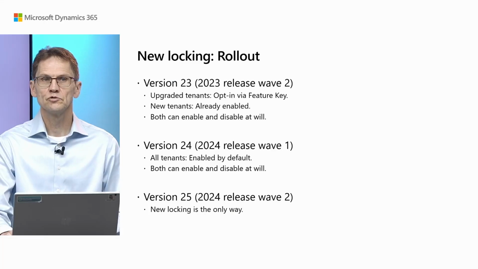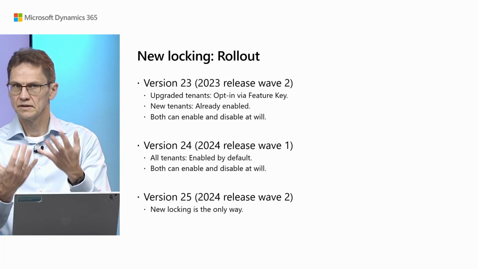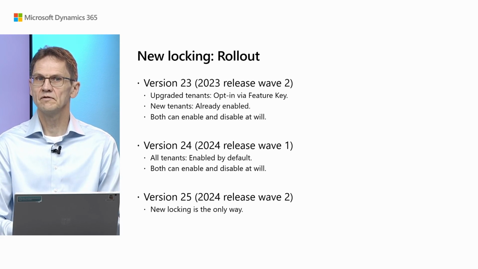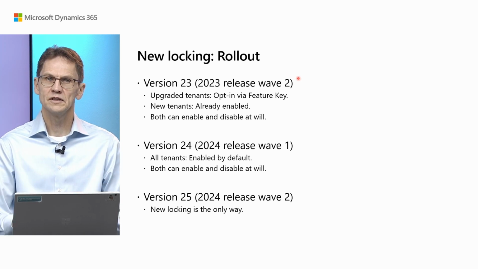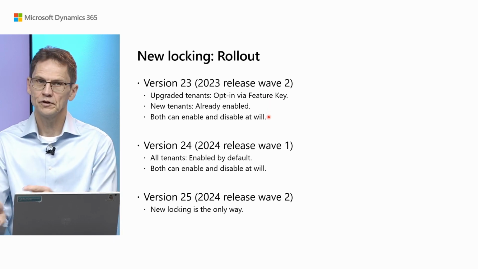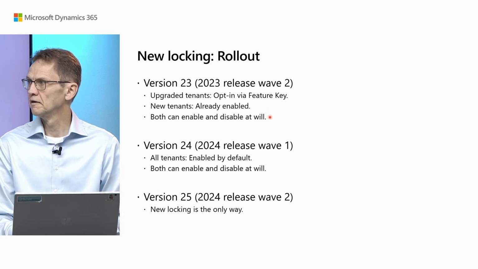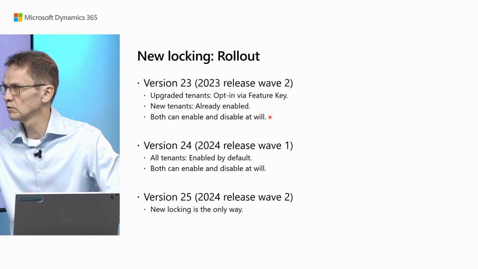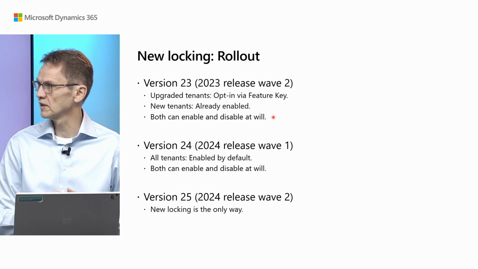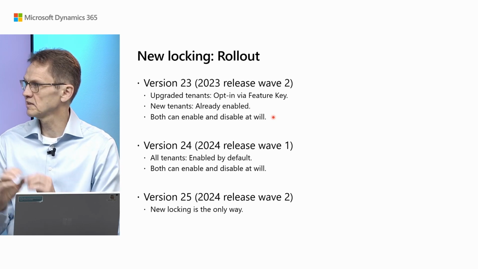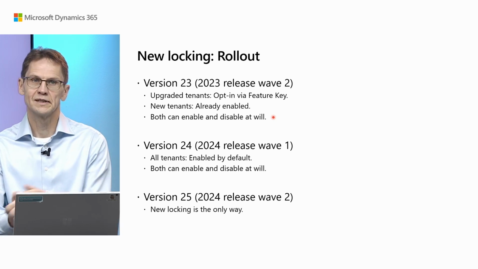And the way we're going to roll this out is that in this release, upgraded tenants can opt in through the feature management page, as we showed before. For new tenants, this is automatically enabled, but you can flip this back and forth at will. But it is done for all users, so you don't have Kenny running with one locking scheme and Jens running with another one, but it is something that can be moved back and forth for testing, so you can also compare with and without.